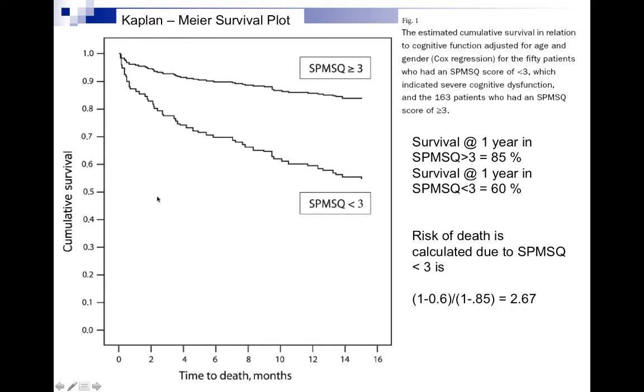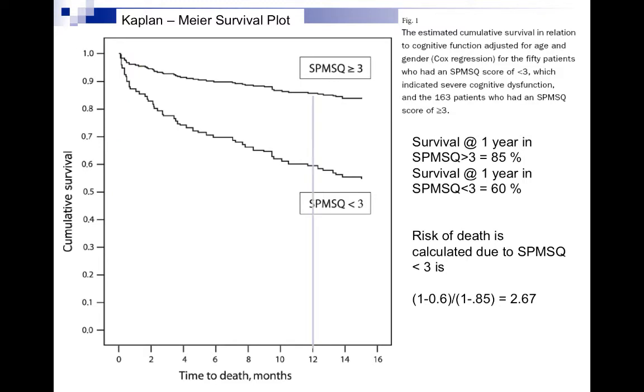We can see over time that a higher percentage of the patients with delirium experience mortality relative to the patients without delirium. At the beginning of the test, everyone's alive, and then as time progresses, some patients experience mortality, and in this case, the ones with delirium more so than the ones without.